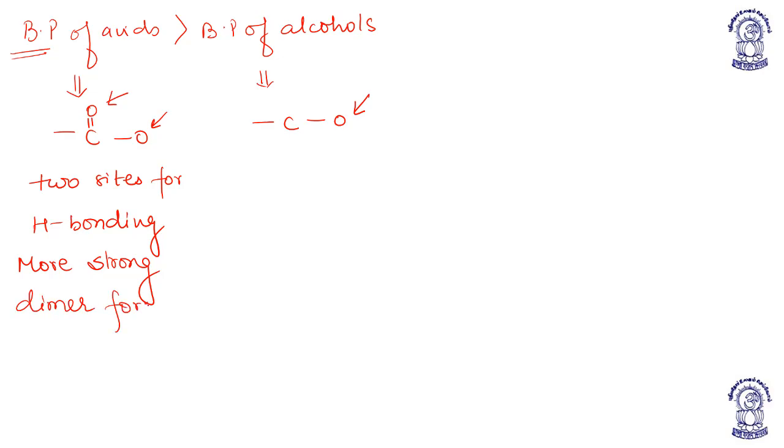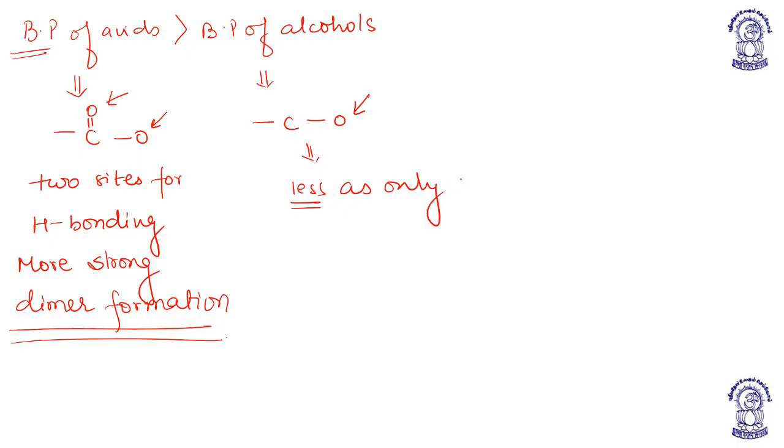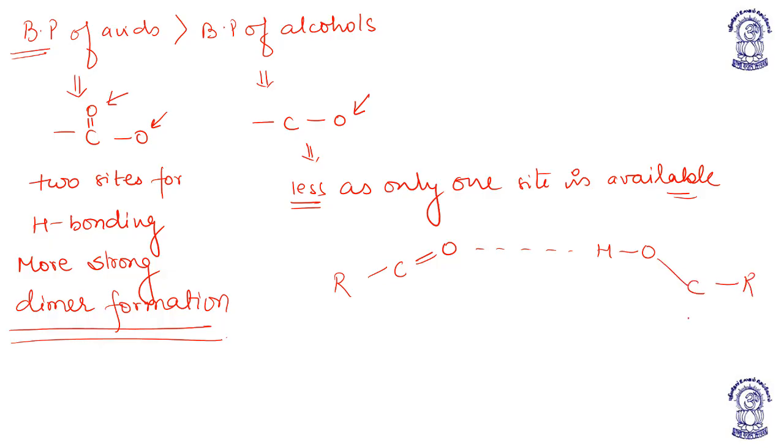Dimer formation occurs in their vapor state, as only one site is available in alcohols. Okay. This is the dimer formation.